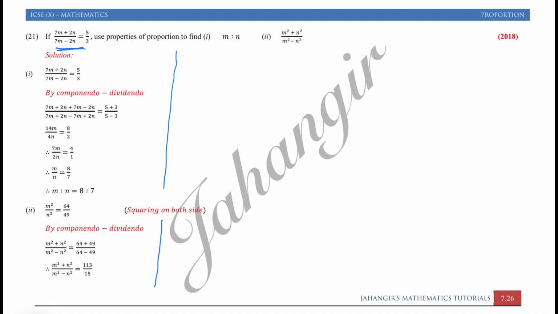If 7m plus 2n upon 7m minus 2n is equal to 5 upon 3, you have to find m is to n.